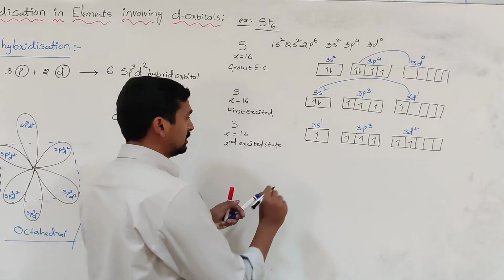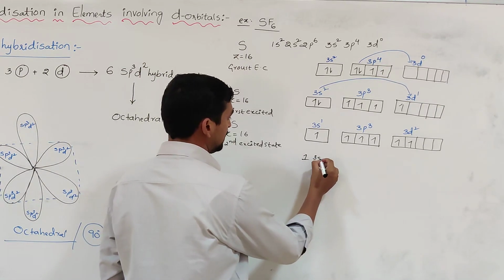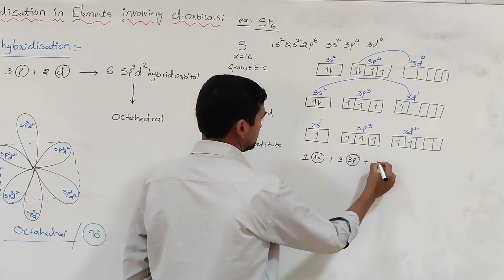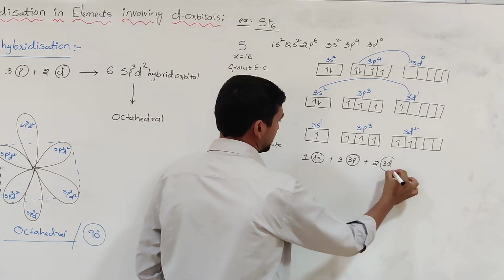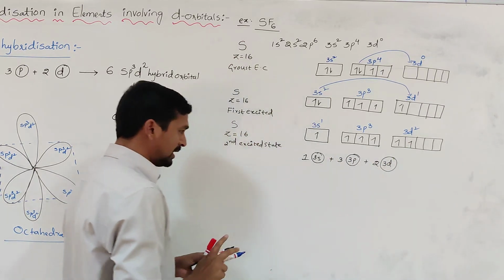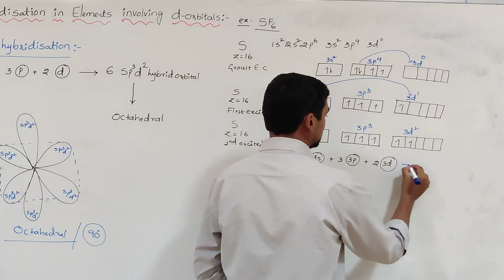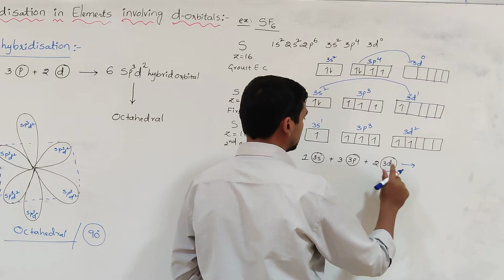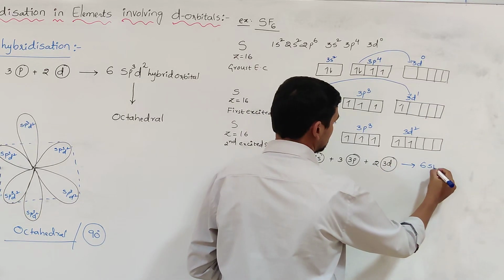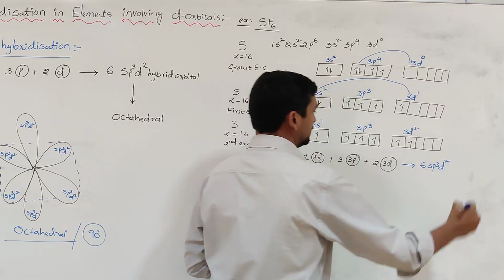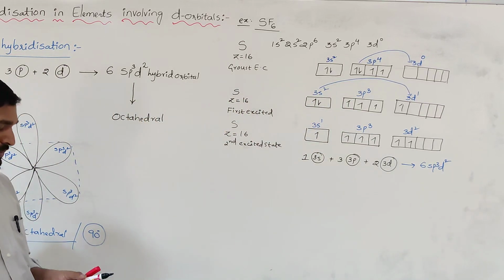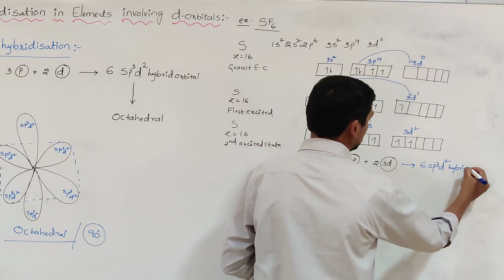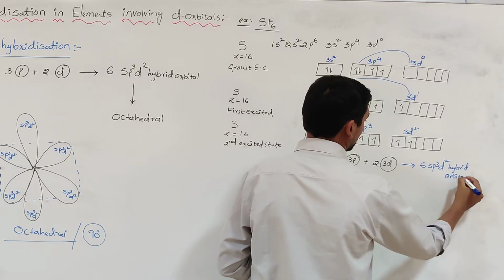Now here 1 3s orbital, 3 3p orbitals and 2 3d orbitals, which are comparable in energy, are hybridized together to form 3 plus 1, 4, 4 plus 2, so totally 6 sp3d2 hybrid orbitals are formed.